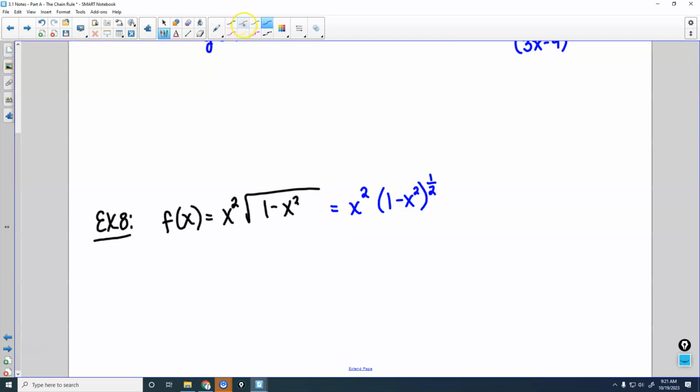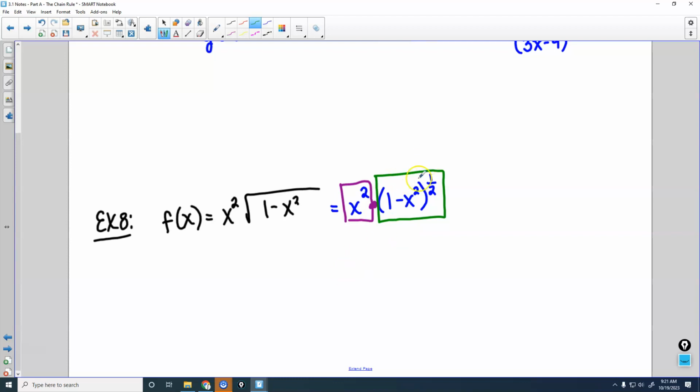You have to use product rule for this because these two things are multiplied. And you have something right here that has an x multiplied by something else over here that also has an x. Okay? So those two things require product rule.